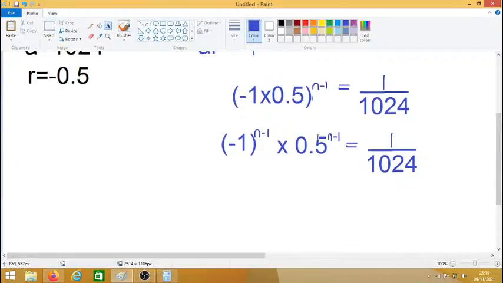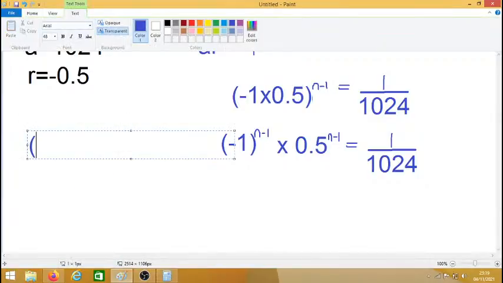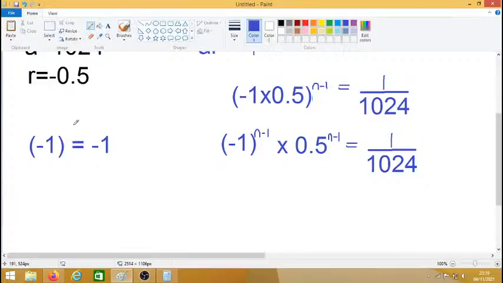So now I've split that out. Here you just got to realize that when you raise minus 1 to any power, you're either going to end up with minus 1 or you're going to end up with 1. So for example, if I raise minus 1 to the power 1, then I'll end up with minus 1. But if I raise that to the power 2, then I won't have a minus, I'll just have 1.